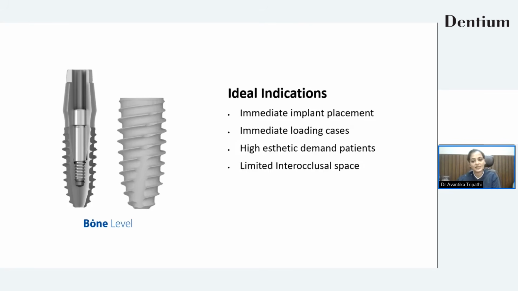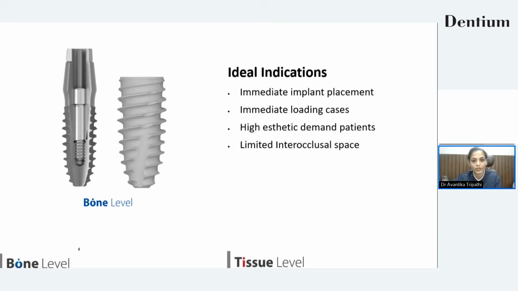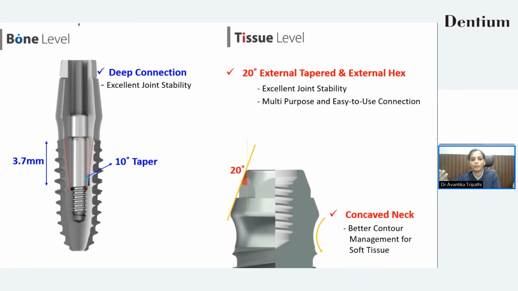If there is less interocclusal space, then we should go ahead with the bone level implants, as the tissue level implant is already attached with a healing abutment sort of structure. So we should always make sure that it is not coming in contact with the opposing tooth. There should be a good amount of interocclusal space available between the fixture and the opposing tooth.